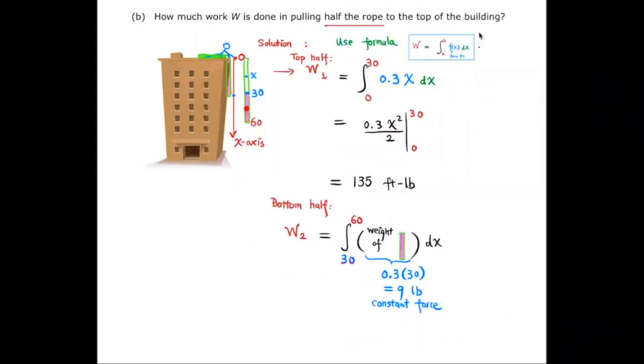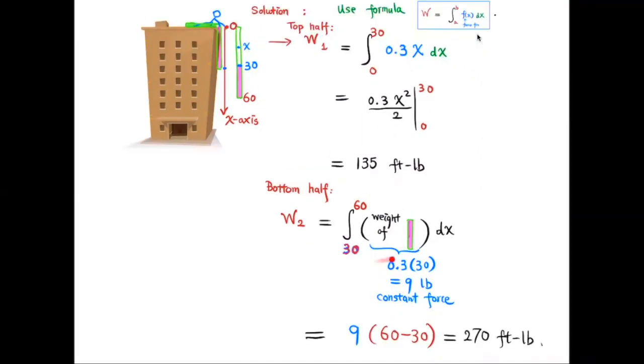The weight of this part of the rope is 0.3 pound per feet times 30 feet, which is equal to 9 pounds, and it is a constant force. Evaluate this integral here. We get 9 pounds times 60 minus 30, and we get 270 foot-pounds.